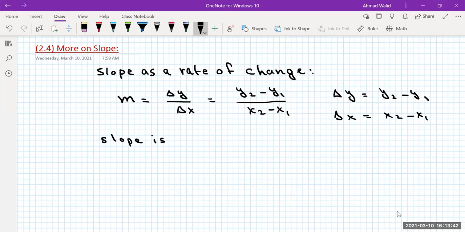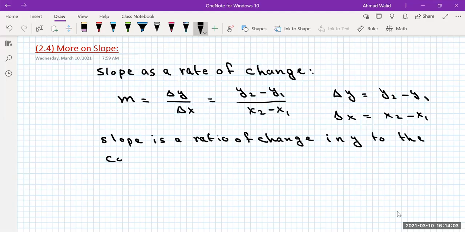Slope, let me write here for you. Look, slope is a ratio of change in y to the corresponding change in x.